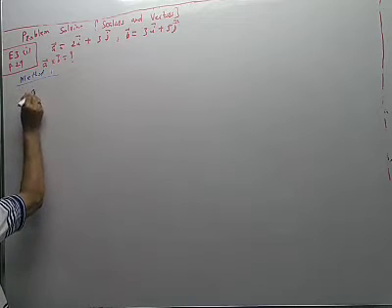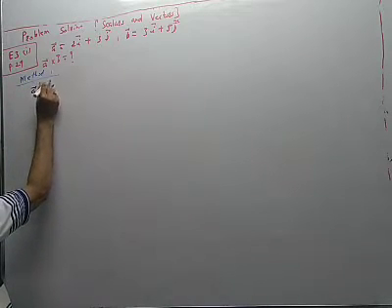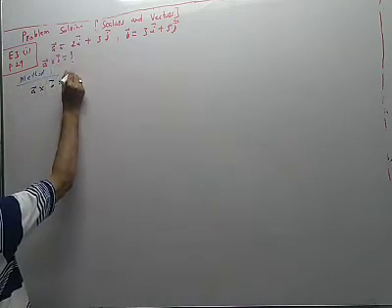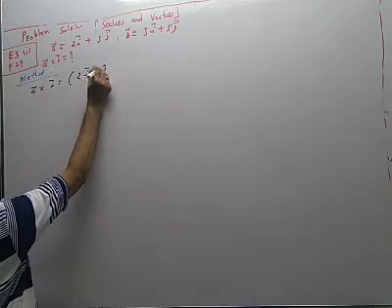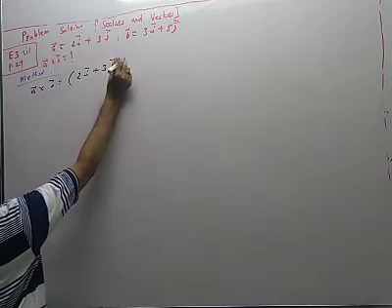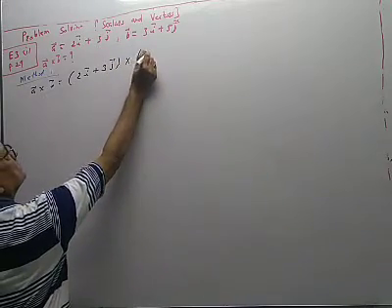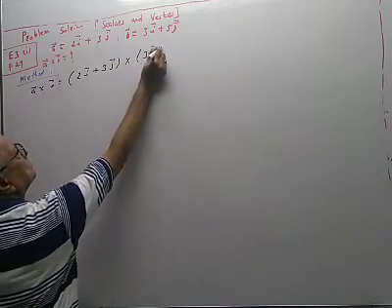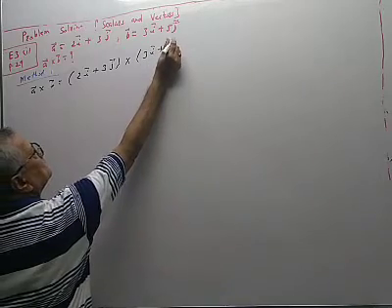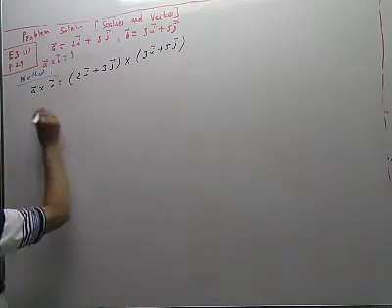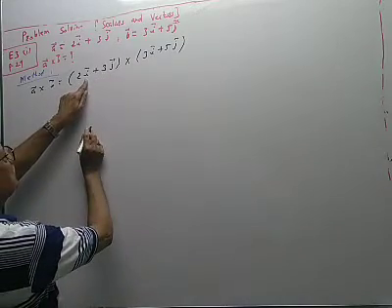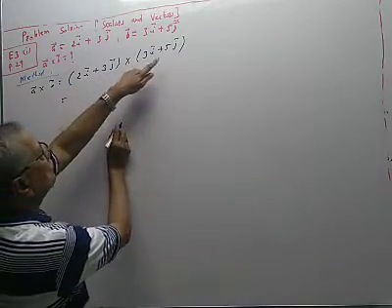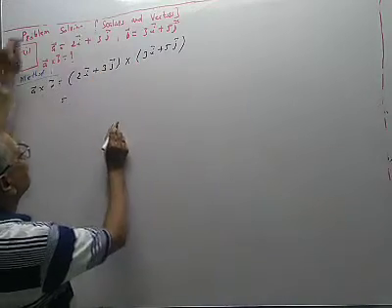So A cross B is equal to (2i plus 3j) cross (3i plus 5j). Now the first term is multiplied by i, taking the cross product with the two vectors.